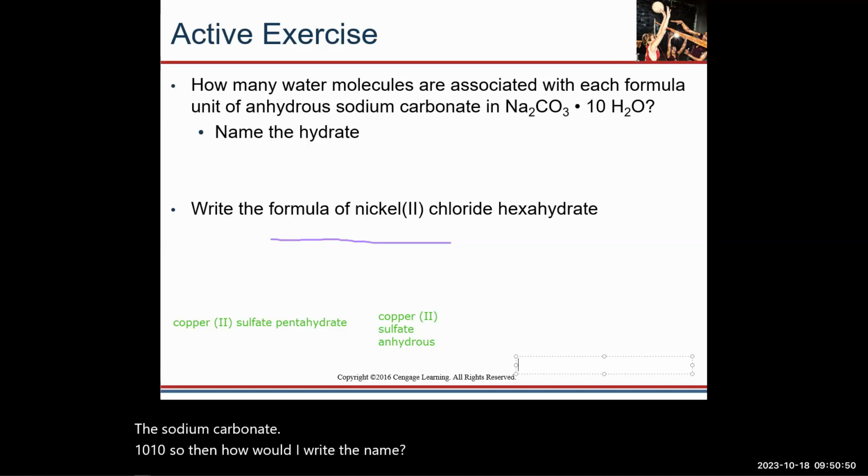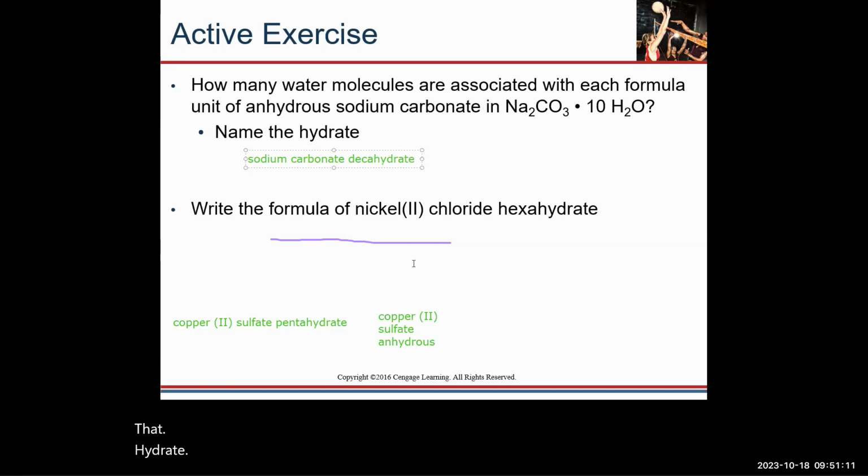Start with the name of the compound. Sodium carbonate. Okay, and then, decahydrate.